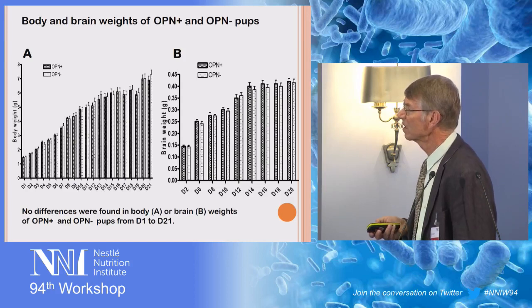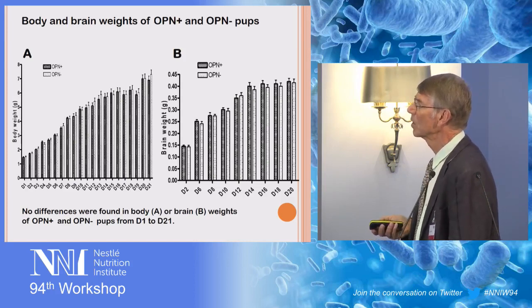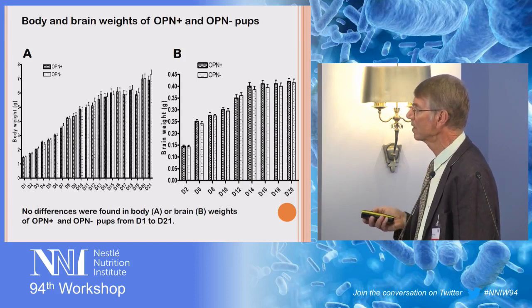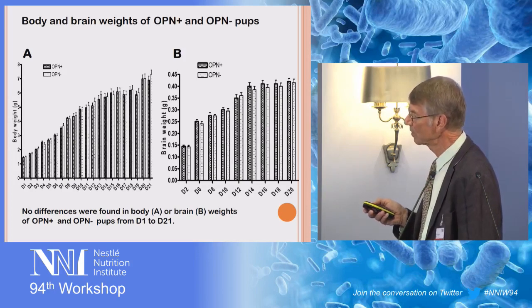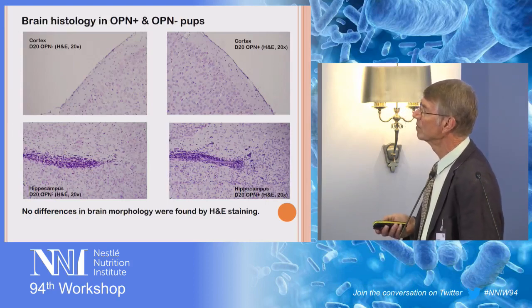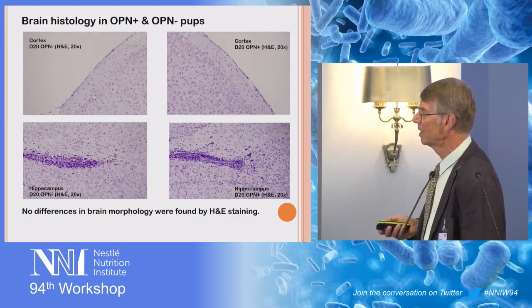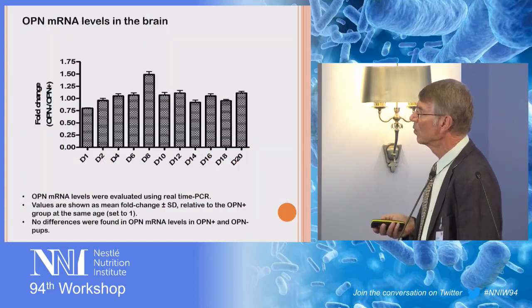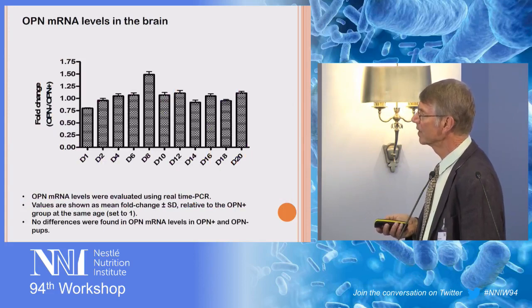We didn't see any significant effect on weight gain or body weight or brain weights in those that got milk osteopontin and not. We did histology. We didn't see any apparent differences in morphology between the animals. We looked at the expression of osteopontin in the brain, nothing significant.